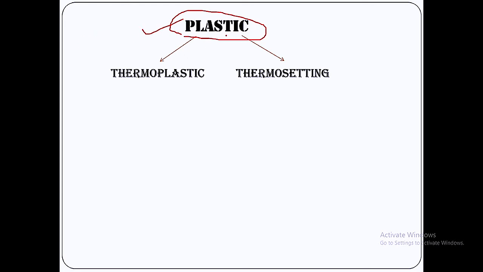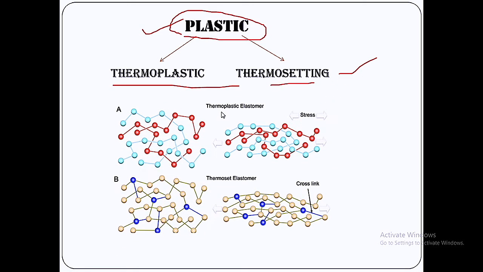So for plastic, there are 2 types of plastics based on their properties. One is thermoplastic, and the other is thermosetting. We will look into what these 2 are. Now, thermoplastic means that whenever there is a change in temperature, pressure, or any applied stress, there is a random movement of the atoms in the crystal lattice, and hence those movements tend to form a temporary different crystal state.